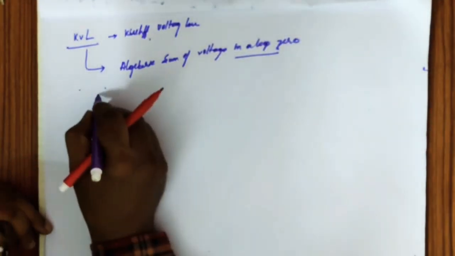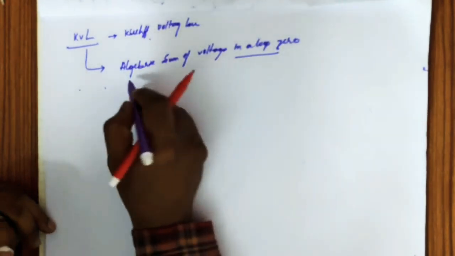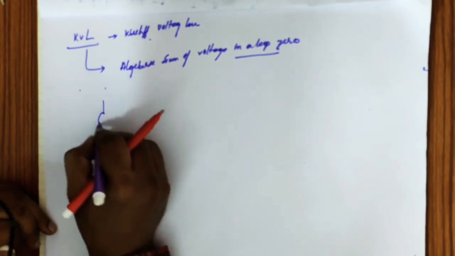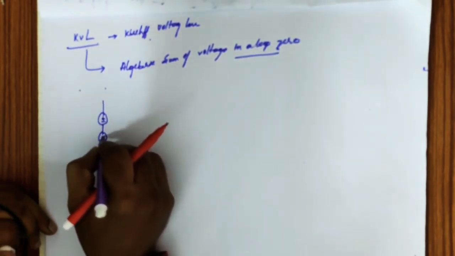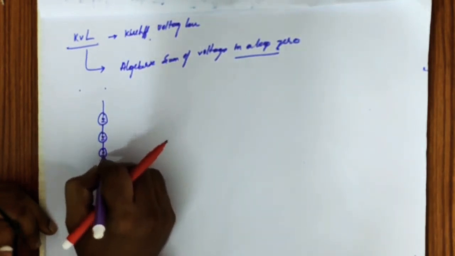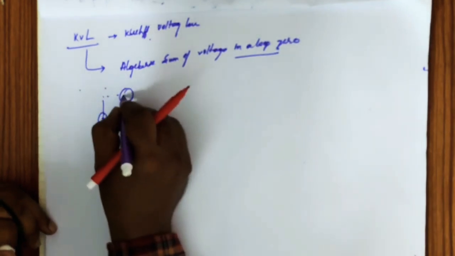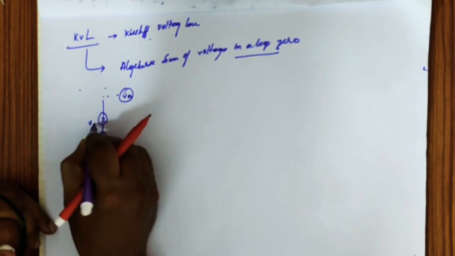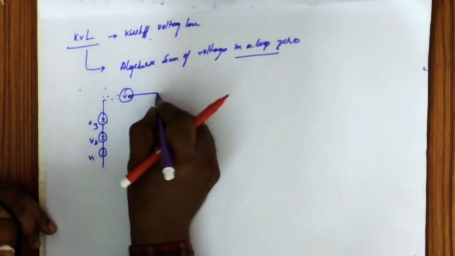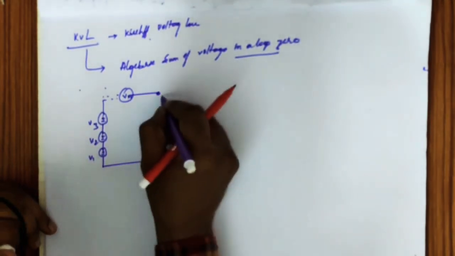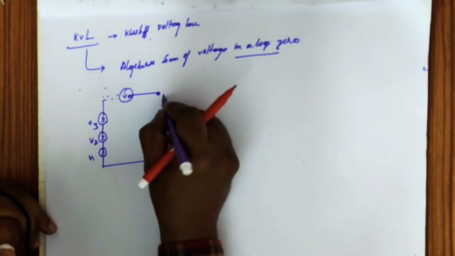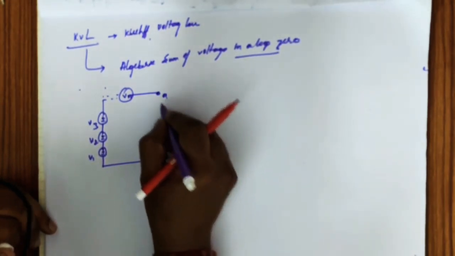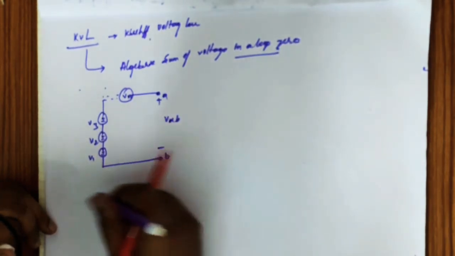So this is the algebraic sum. To simplify, this is a sentence, but to represent it in a circuit, for example, suppose a number of voltage sources are connected in series, V1, V2, V3 up to Vn. The algebraic sum of these and the open circuit voltage, let us say VAB. So the open circuit voltage here is VAB.